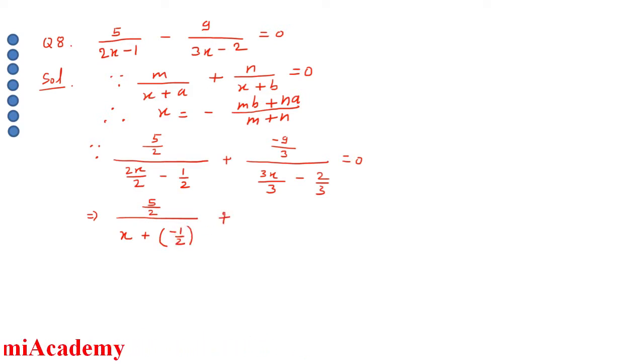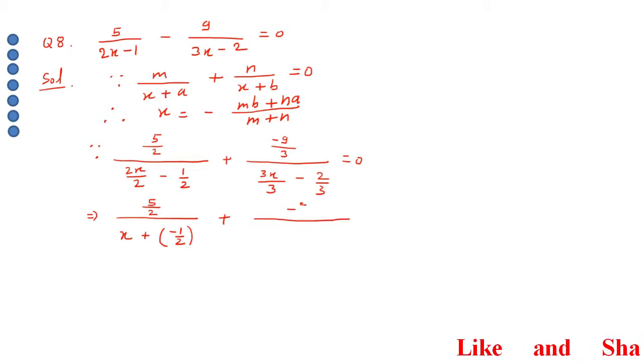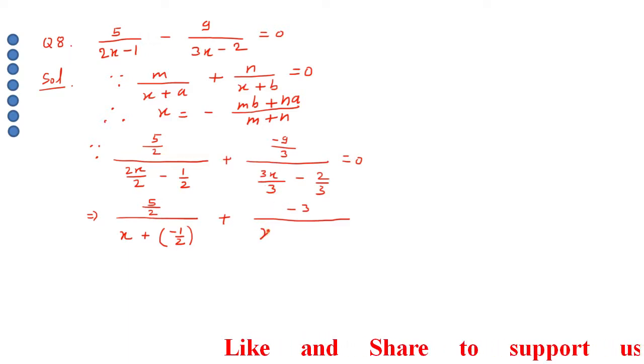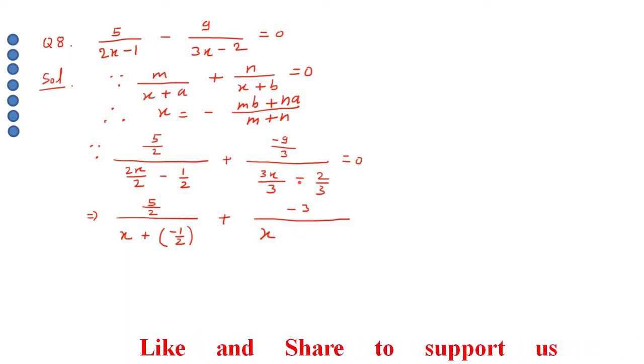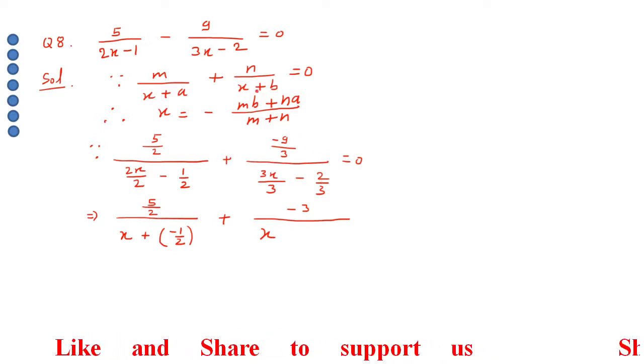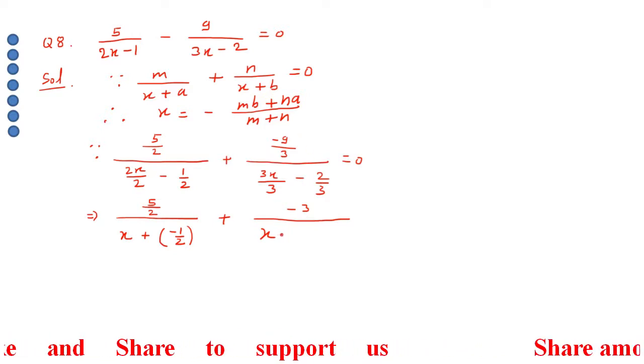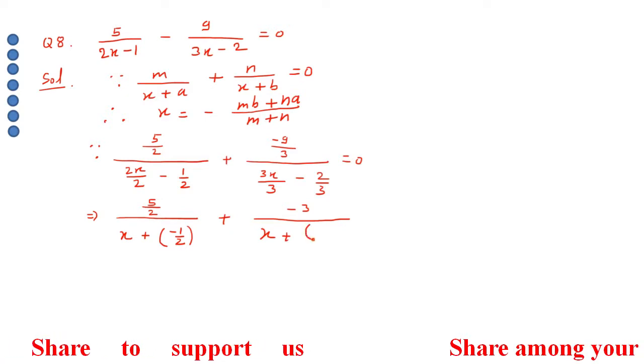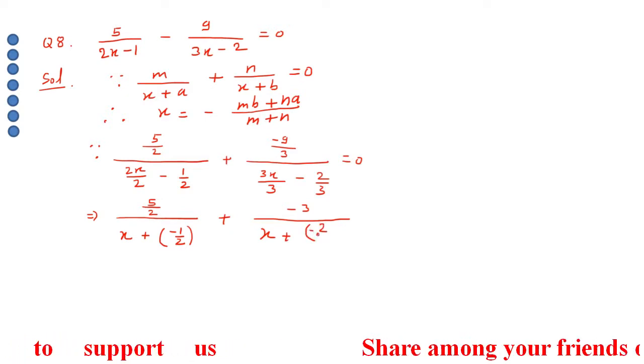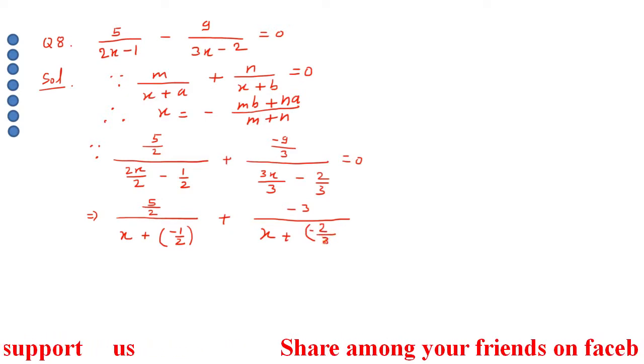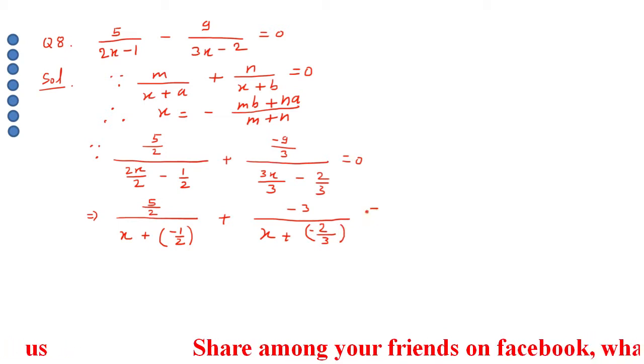Then plus sign, and you can cancel it, so you will obtain minus 3 here, because 9 divided by 3 is 3. Then 3 and 3 will cancel, so you will obtain only x. Then the minus sign you just shift inside, because here we need the plus sign. So plus, then minus 2 upon 3, then bracket close, equal to 0.